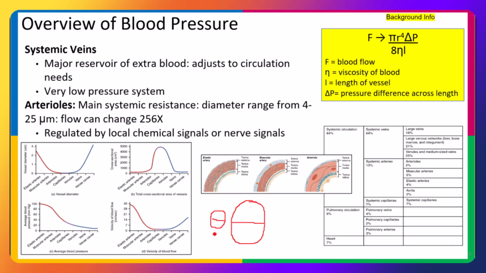So changing the radius, creating widening versus narrowing, will change the flow. This happens extensively at the level of the arterioles and determines the main resistance. The more narrow it is, the more resistance there's going to be. Think of the heart pumping blood through a small vessel versus a large vessel. How much easier it is going to be for blood to move through here.